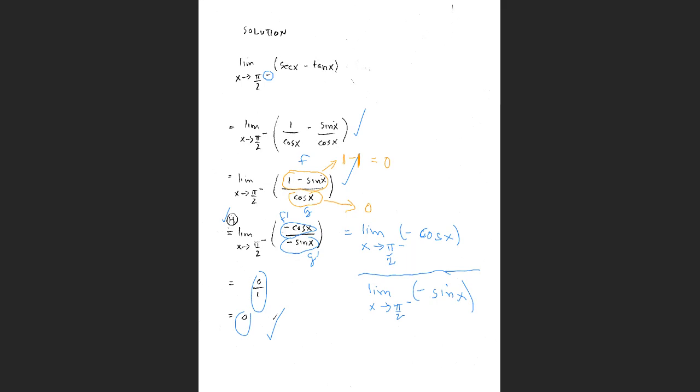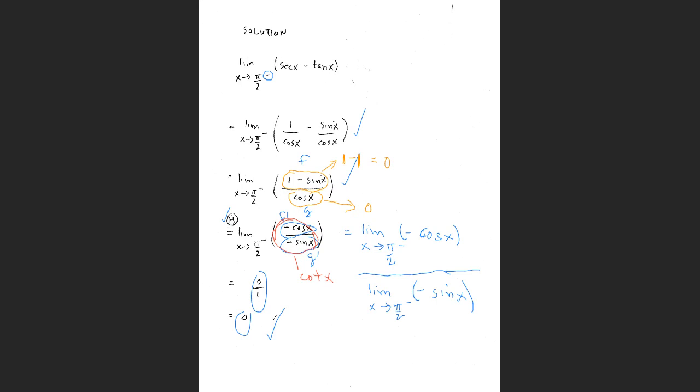Another way to think about it is, this negative cosine over negative sine, as one of you pointed out, that whole ratio is the cotangent of x.